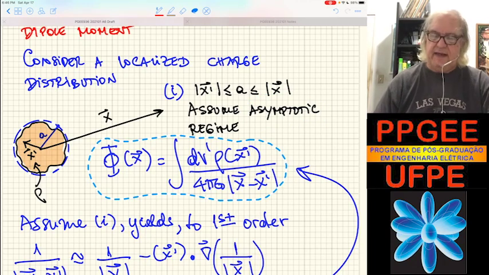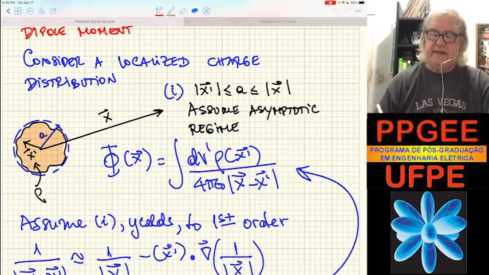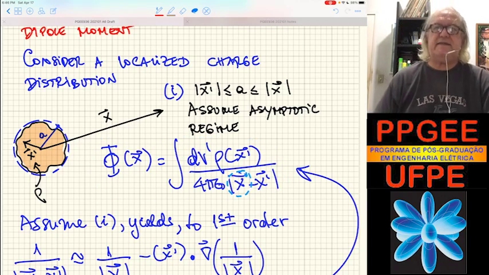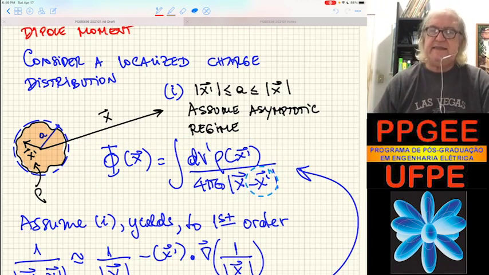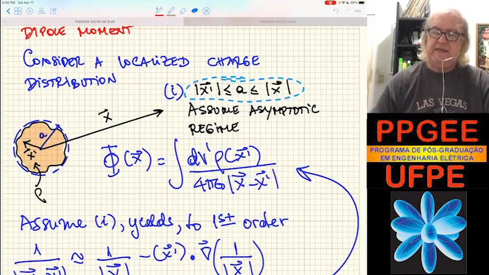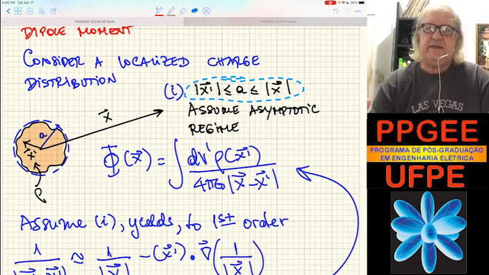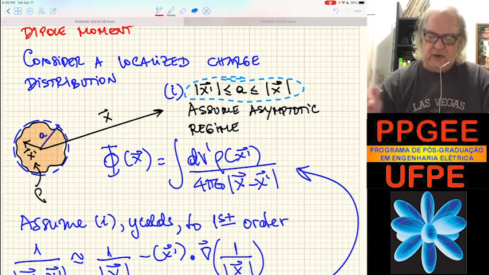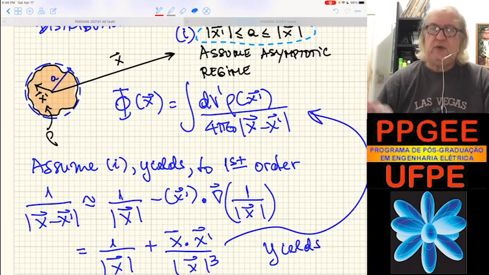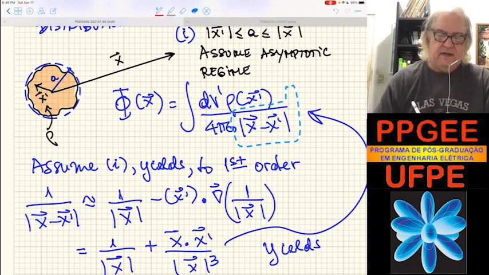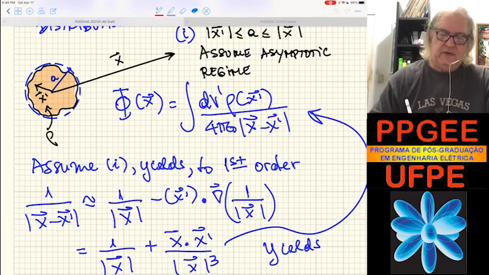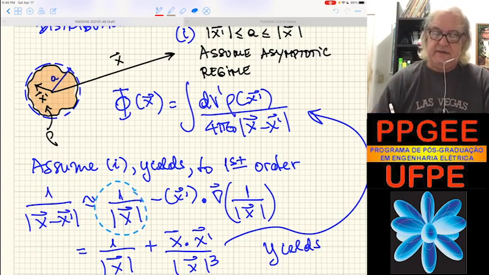And then again, we're going to make an approximation. In the asymptotic case, we want to study the effect when x, the magnitude, is much larger than A, which encloses the distribution. So x prime always has a magnitude that is smaller than or equal to A. Once again, we are going to make that expansion of this inverse function: it equals the zero order term plus the correction.